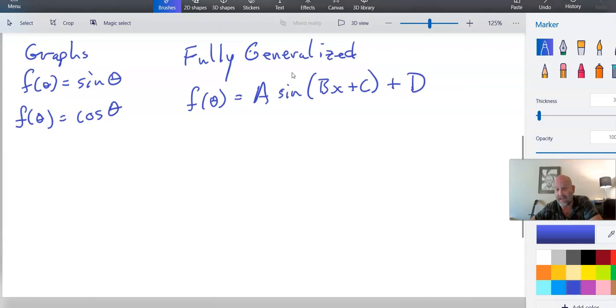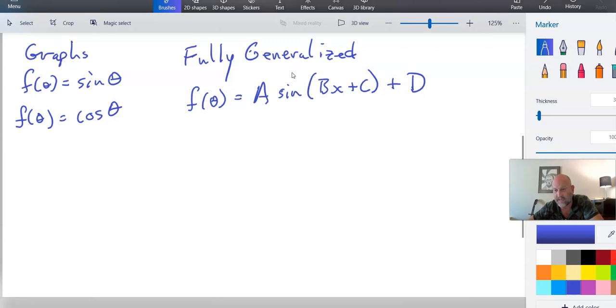A, B, C, and D all change the function in a particular way. And if you understand all four of those, you will be able to graph any sine function. Okay, right now we're only dealing with A. We're going to be looking at the rest of these.